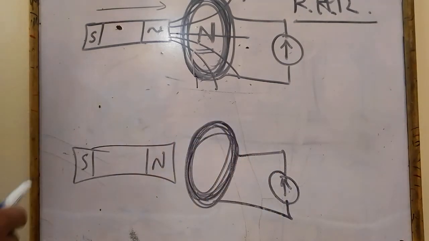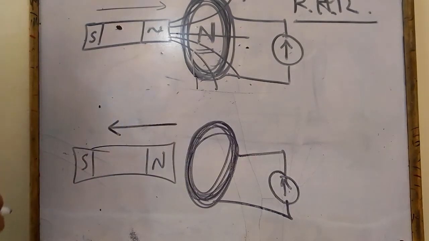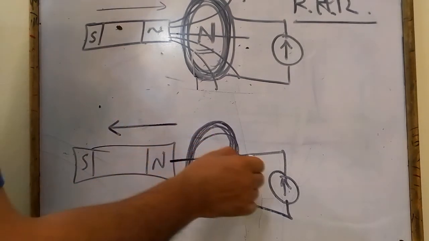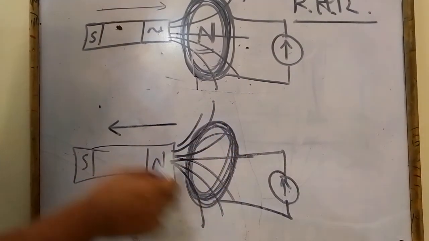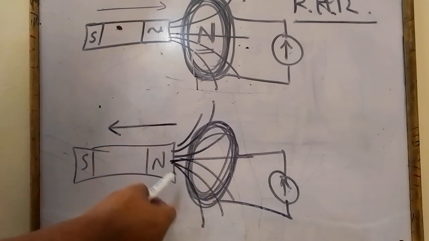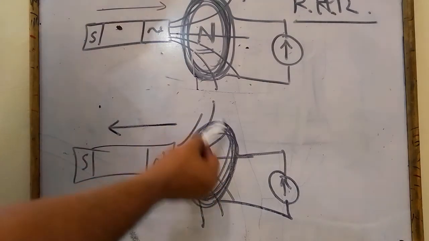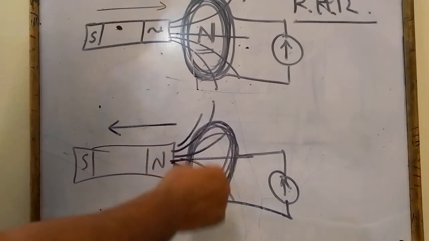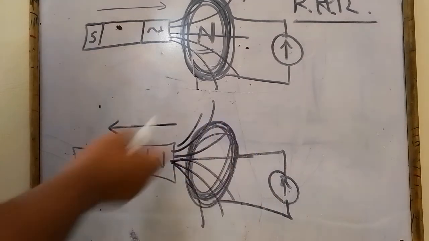In the second part of the experiment, if you take the magnet away from the coil, again the flux will be decreasing, because the magnet is moving away and the strength of the magnetic field will be decreasing, so the magnetic flux will be decreasing. Again, magnetic flux is changing across the coil, current will be induced in the coil, which can be shown by the deflection of the needle of the galvanometer.